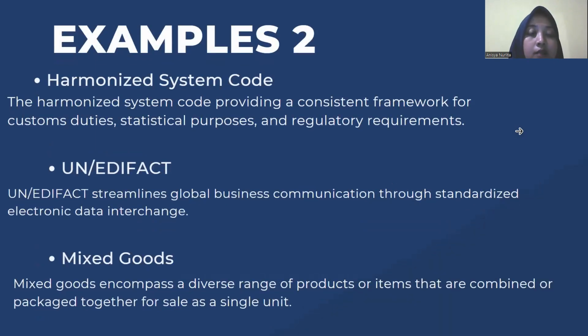And then we have the Harmonized System code, providing a consistent framework for customs duty, statistical purposes, and regulatory requirements. And we have UN/EDIFACT. UN/EDIFACT streamlines global business communication through standardized electronic data interchange. Mixed goods encompass a diverse range of products or items that are combined or packaged together for sale as a single unit.